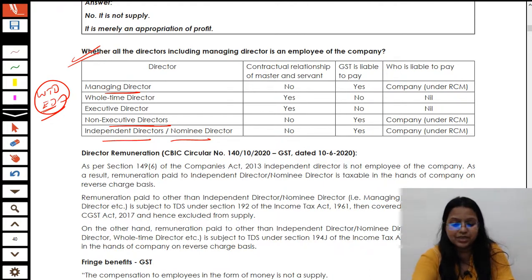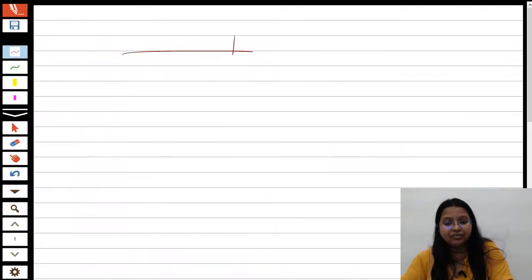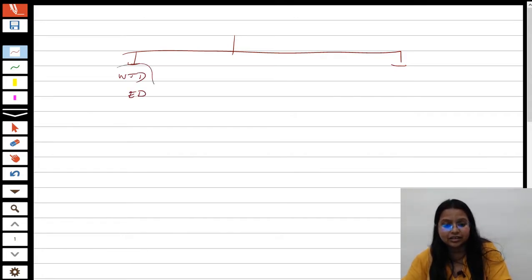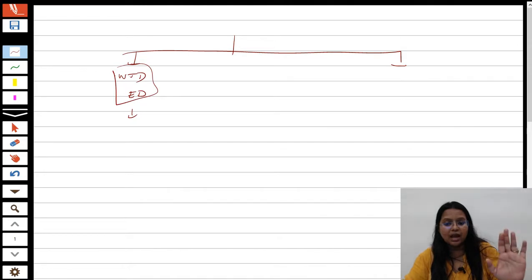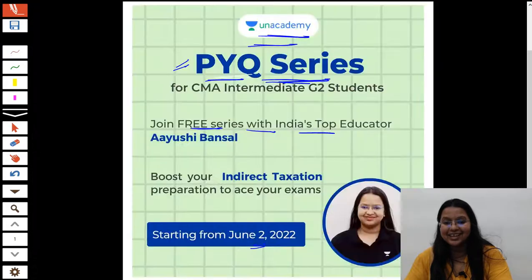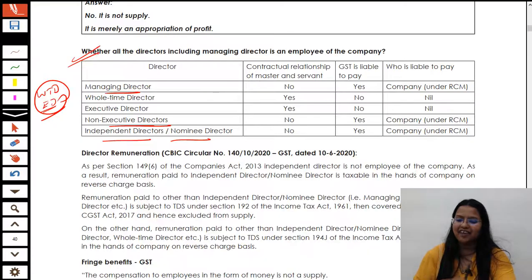Now what will happen, students? Just understand it, what will happen with the director remuneration? If it is a case of a whole-time director or which director? Executive director. So these are not the employees of the company, right? Just tell me fast. You know, I always just trick you guys, right?